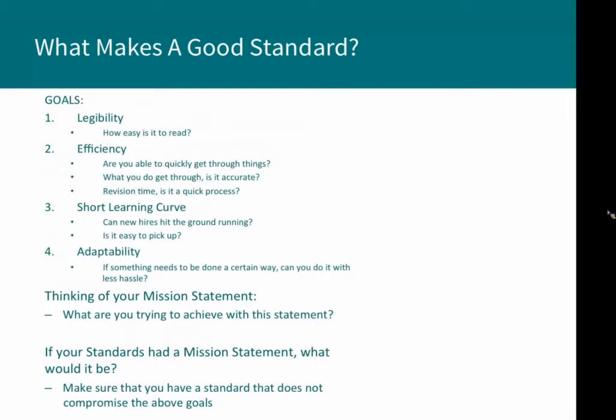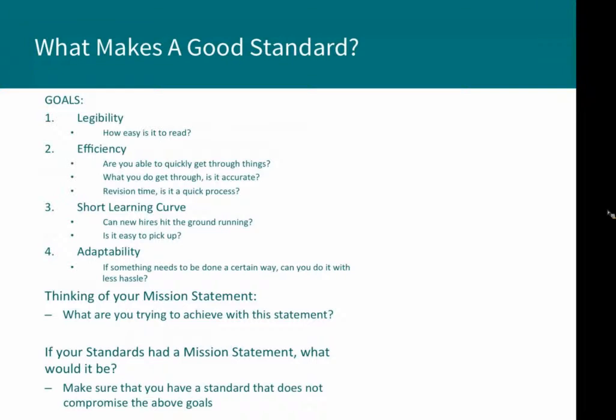Revision time is a big killer for people, especially when it comes to sticking with their standards. Is that standard hurting the way you're doing a process, so that when a revision needs to be done, it's harder than it was to do from the beginning? We need to think about some of these things.